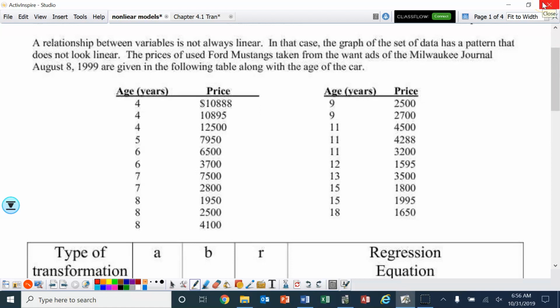So we're going to put age in L1, all of the ages, and then put all of the prices in L2, because this is the explanatory variable and this is the response variable. You may need to pause the video to do that. I already have that done. If you're going to pause, now would be a good time to pause.